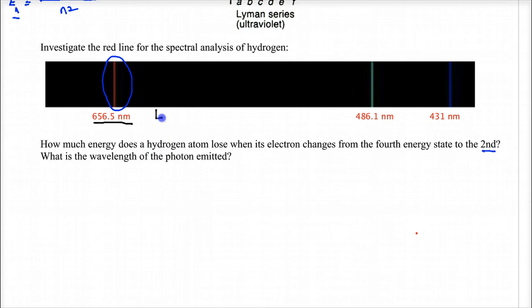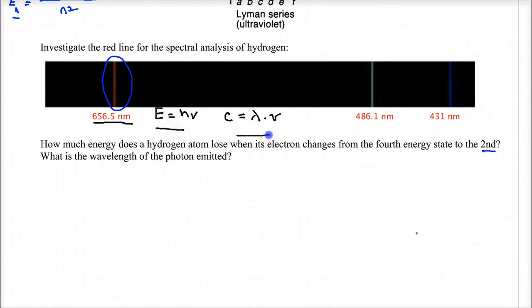We have energy equals Planck's constant times frequency. We also have speed of light equals wavelength times frequency. Now, to figure out the actual energy, we need a frequency, but we have a wavelength. Well, in this case, we're going to combine these two formulas.